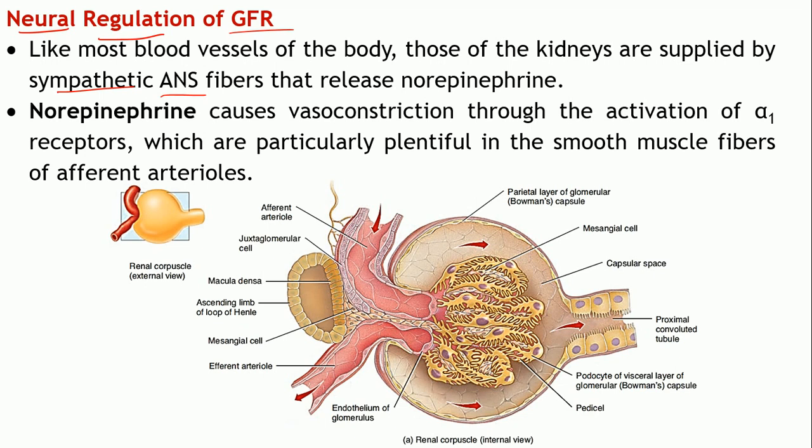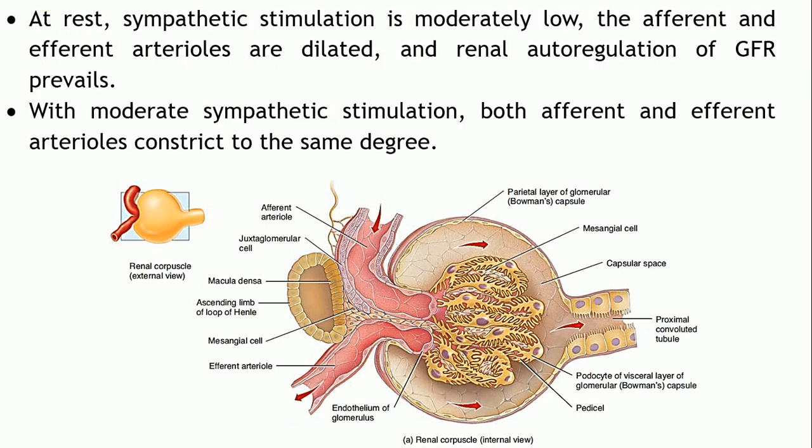So it's norepinephrine, the neurotransmitter which is released, and it is responsible for the vasoconstriction by activation of the alpha 1 adrenergic receptors. So the contraction of the smooth muscles in the afferent arterioles will result in vasoconstriction. It will result in a decrease in the blood flow, right? Blood flow will get reduced. So what will happen to your GFR? It will get reduced. Now at rest, this sympathetic stimulation is low.